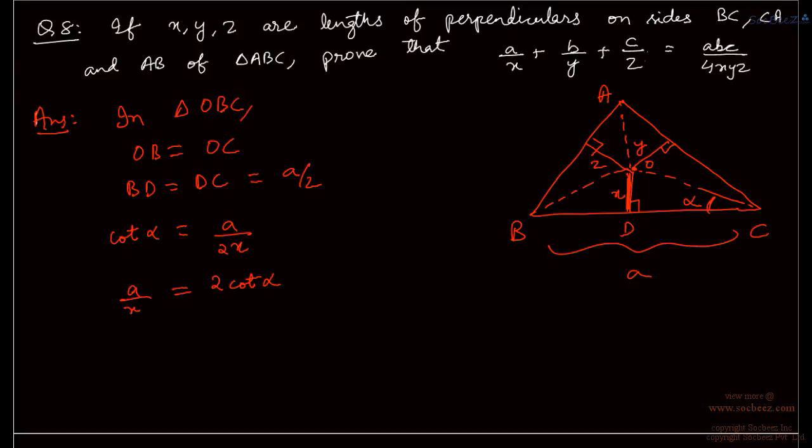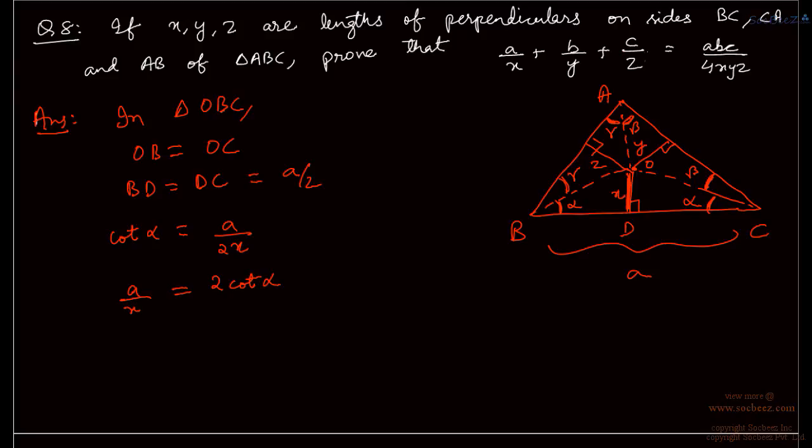Now, similarly, if I call this angle beta, if this is alpha, this must be alpha again. If this is beta, this is also beta, and if this is gamma, this too is gamma. Okay.